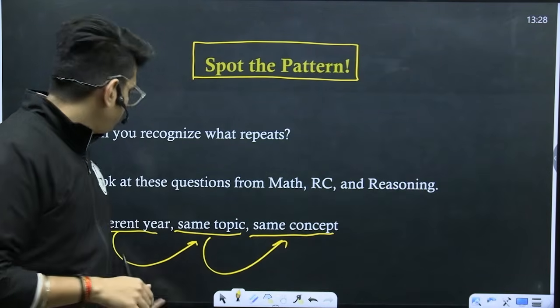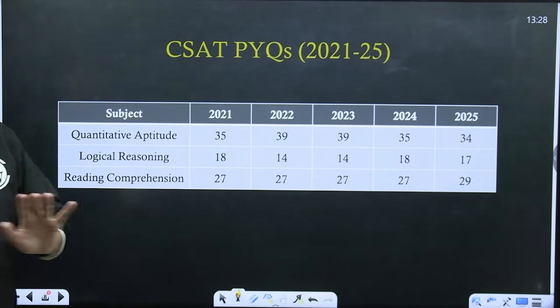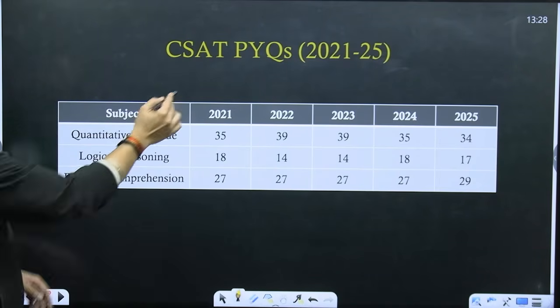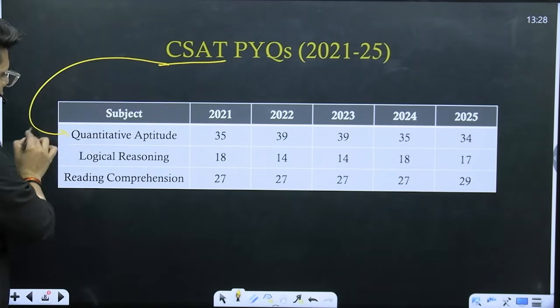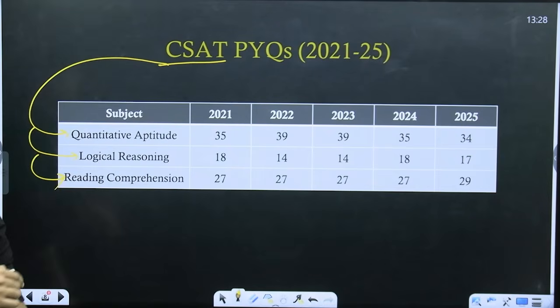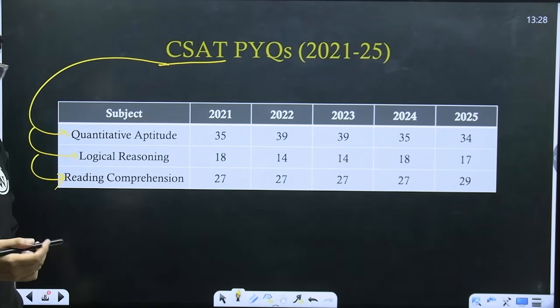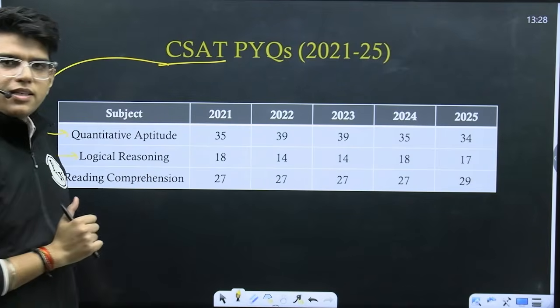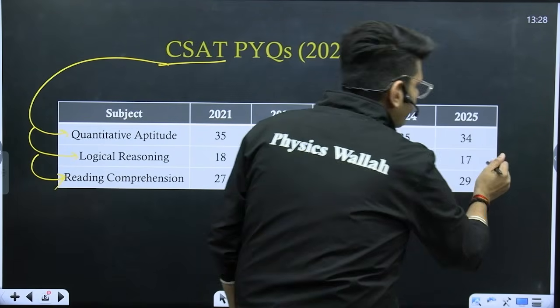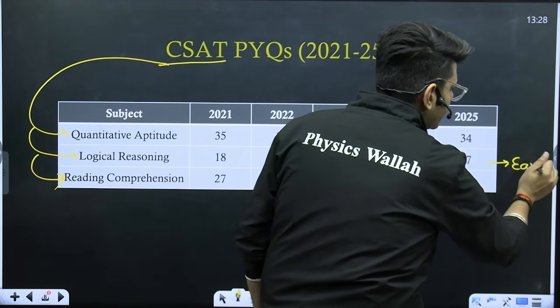Okay. Before moving to the questions, let's see the distribution of PYQs. If you divide your CSAT into 3 sections, quant, logical reasoning and reading comprehension, you can see the majority of the questions are coming from quant, right? Then you have logical reasoning. But the advantage here is the questions from logical reasoning are very easy.